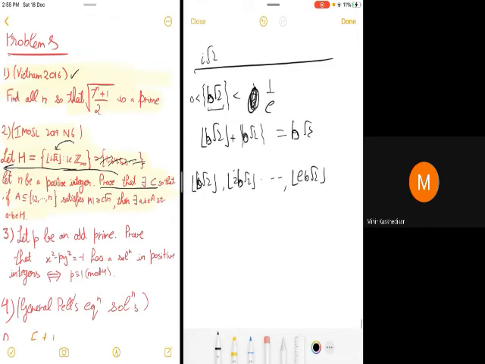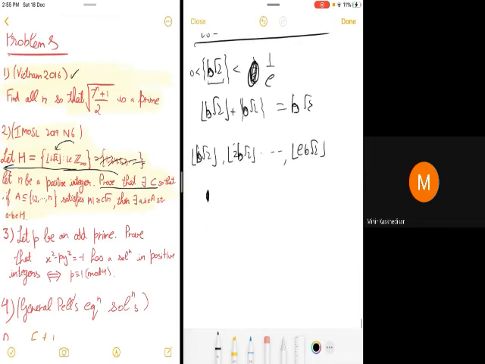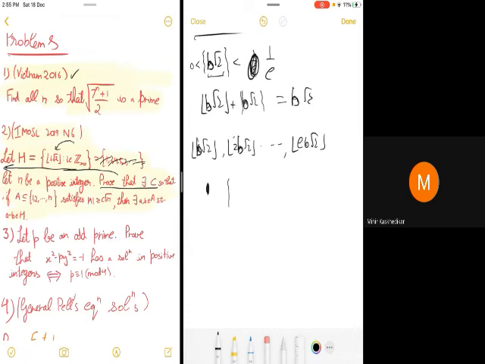This is because the fractional parts add up. So we have that the fractional part of k b root 2 is at most k times the fractional part of b root 2. This inequality is not hard. If this is less than 1, then these are equal, and if greater than 1, then this is obviously less than 1. And this is less than k over l.